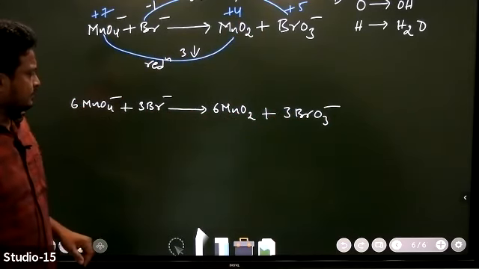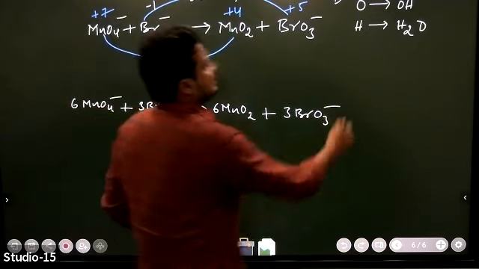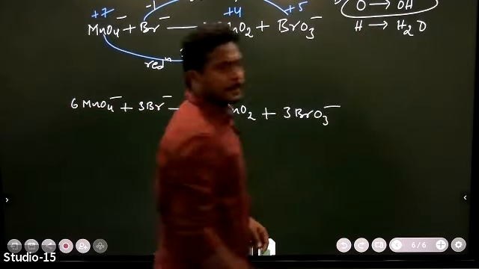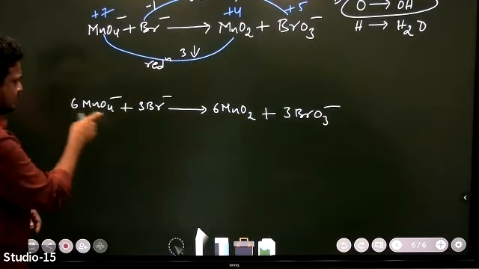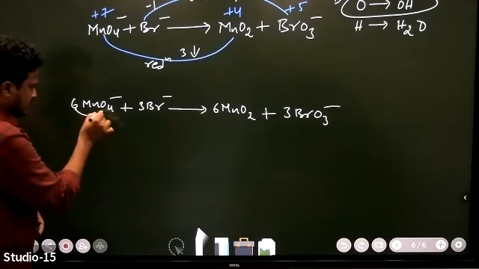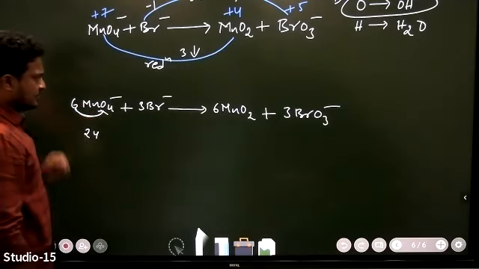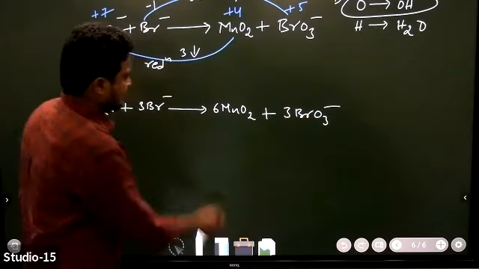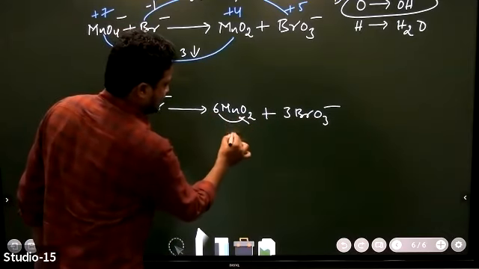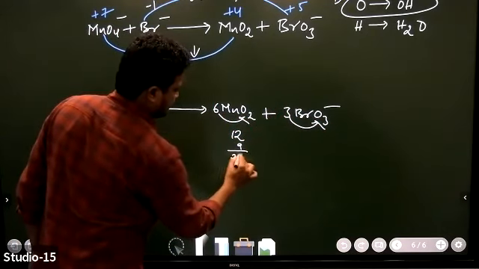Now what should we do? First balance the oxygen atoms. Oxygen atoms are balanced by adding OH minus. Now count how many oxygens are there on the left hand side. 6 fours are 24. 24 oxygen atoms are there on the left hand side. Now how many oxygen atoms are there on the right hand side? 12 plus 9, that is 21.